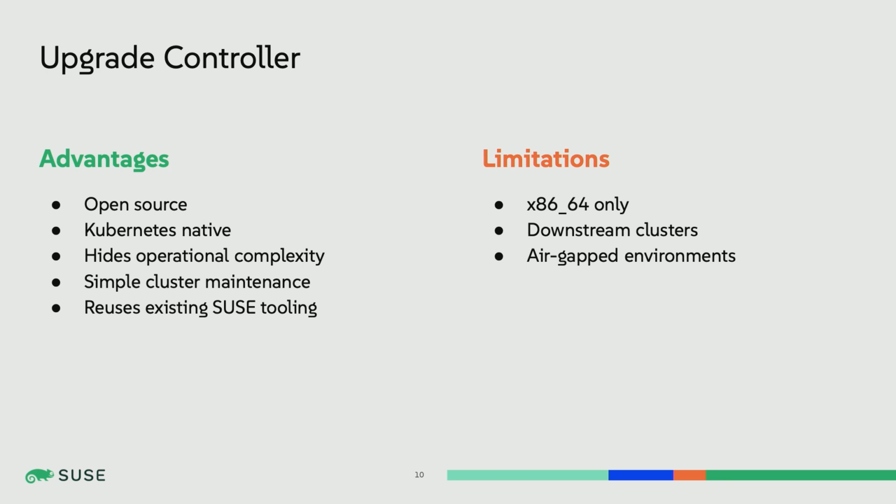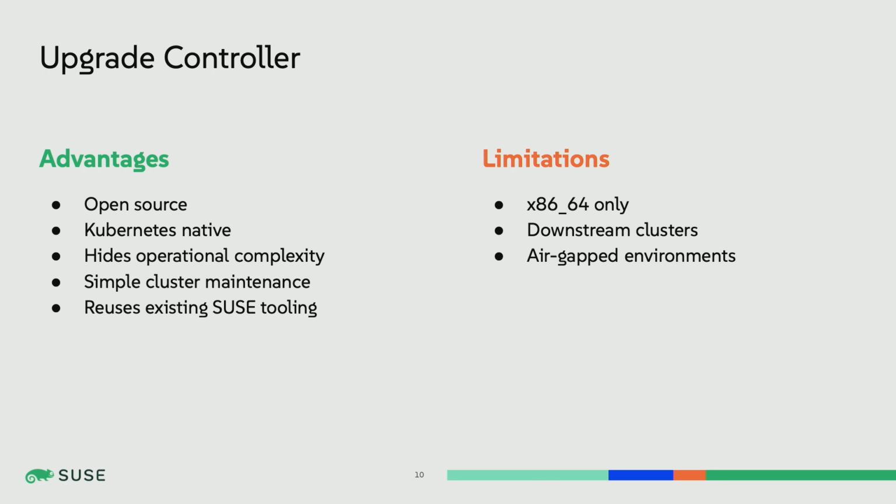Advantages, first, in the spirit of SUSE, it is completely open source. You can try it out even today. Feel free to go back to your room, set up your Edge environment, and trigger the upgrade controller. Now, it is Kubernetes native, so obviously following the best practices, the technologies, the supply chain that comes with building something running in Kubernetes.